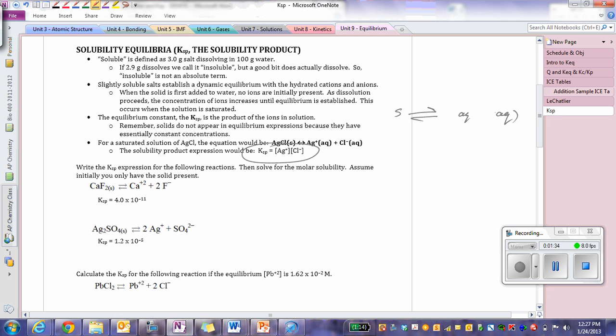Because you have a solid, the equilibrium expression is only the products, the concentration of those aqueous ions in solution. There's nothing in the denominator, it's all over 1. So we're only concerned about the ions that go in solution.